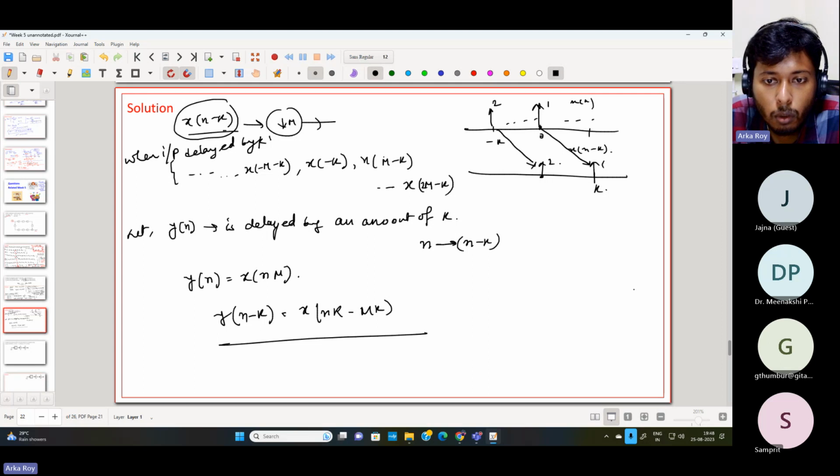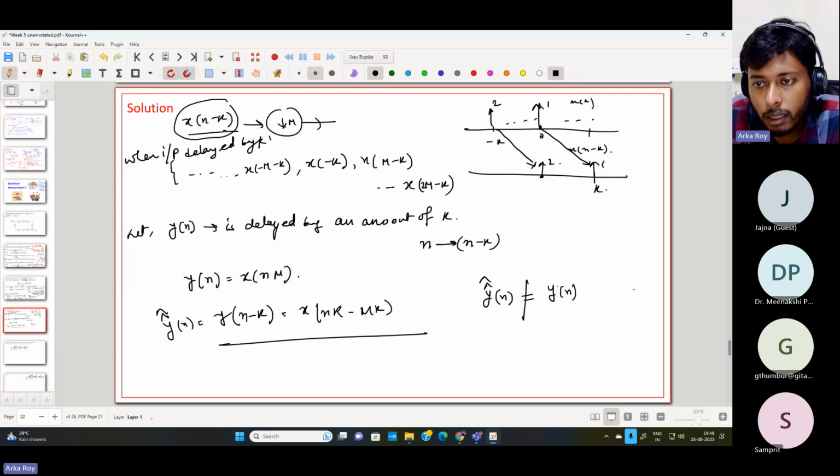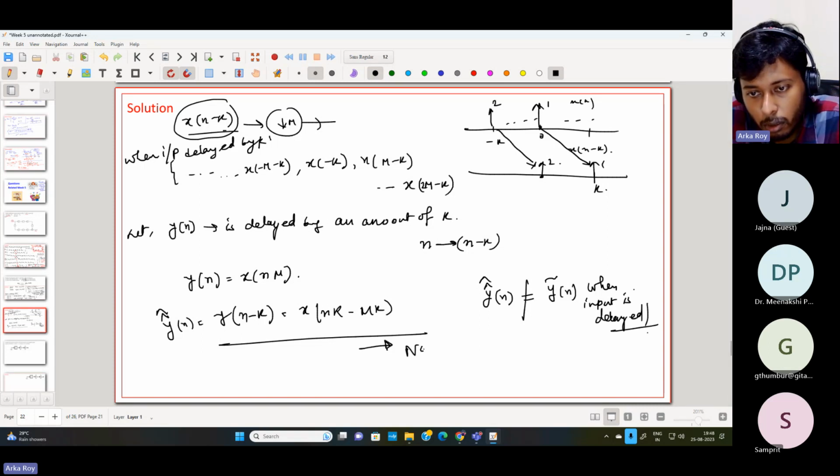So that is what we are not getting over here. Let's say this is y hat hat of n. So y hat hat of n is not equal to the output y tilde of n when the input is delayed.